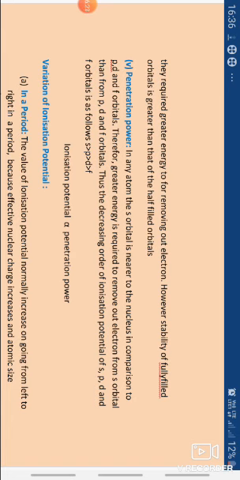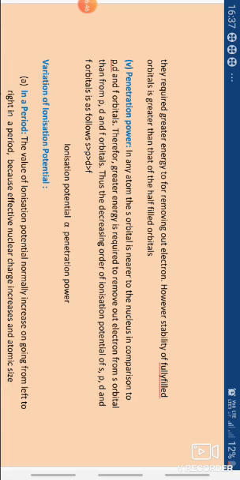Therefore, greater energy is required to remove an electron from the s orbital than from the p, d and f orbitals. Thus, the decreasing order of ionization potential is s, then p, then d, and lastly f.